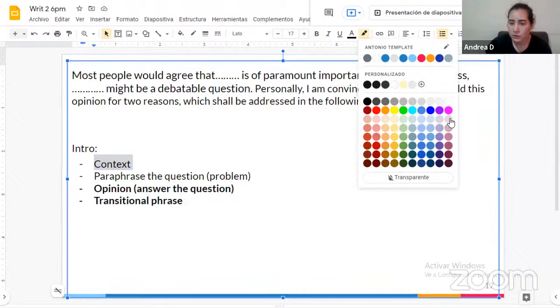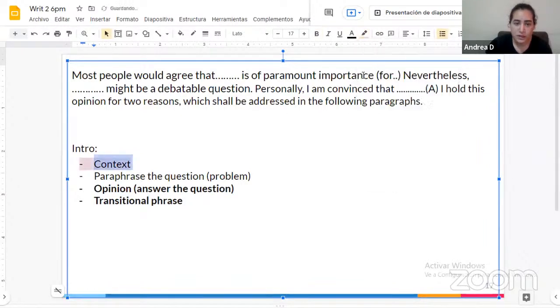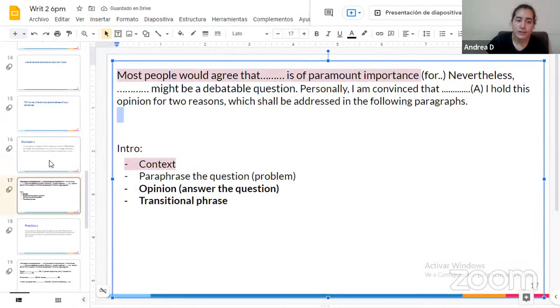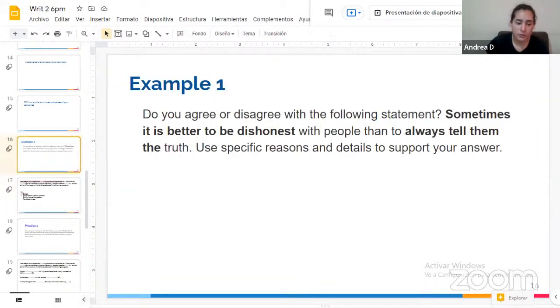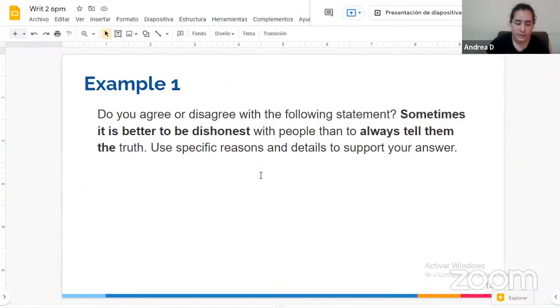Now, the first sentence, the context. How do we do that? I want you guys to think of what the general topic in this question is. So for example, in this question, what is it about? What is your essay going to be about? What would you say?